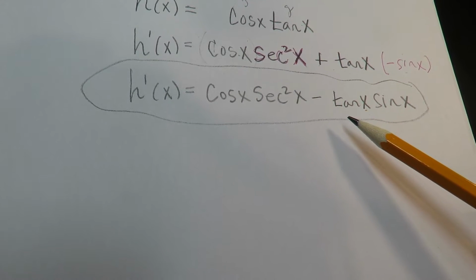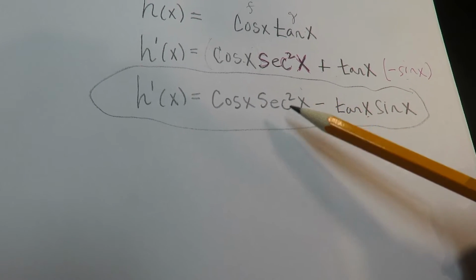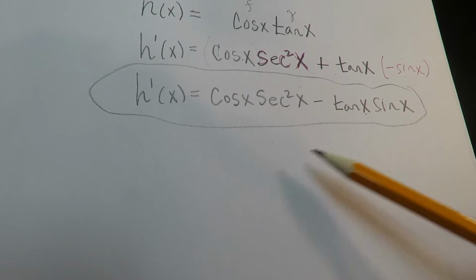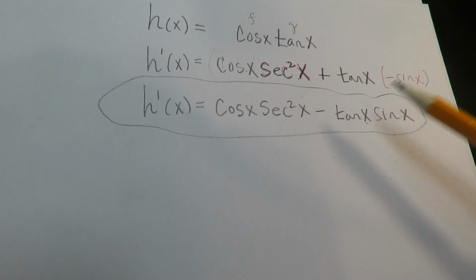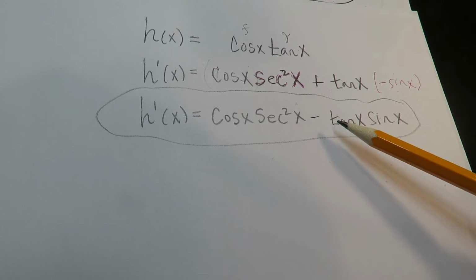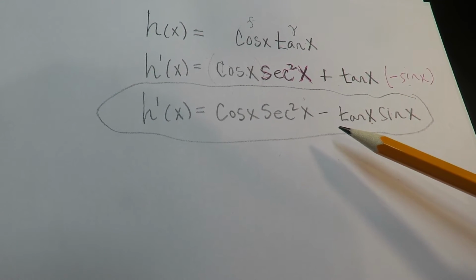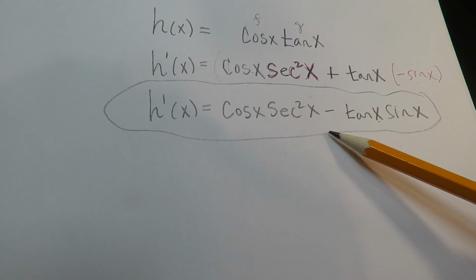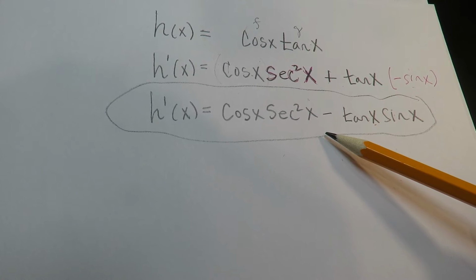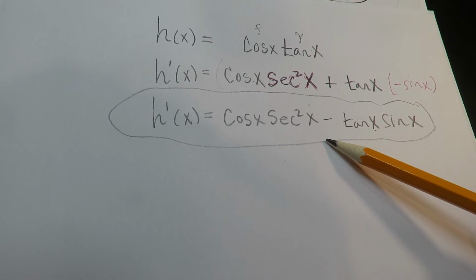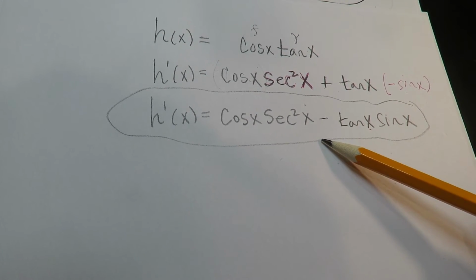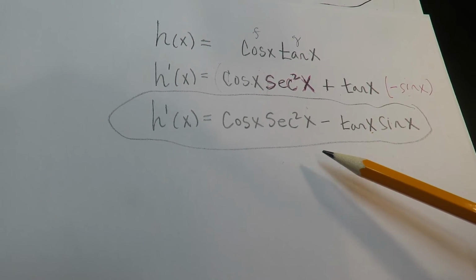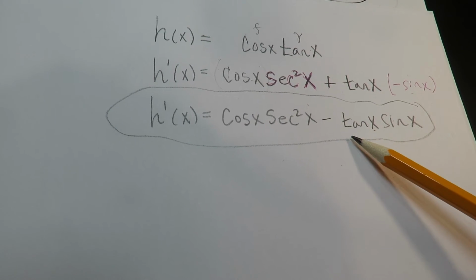Certainly, there's other formats to this answer. It could be 1 over cosine cubed minus sine squared over cosine, and then gotten an LCD and combined. If you love trig identities, there's a ton of places to go with these, right? But you're not required to do that on the exam. I just want you to be aware that it could be formatted differently in the back of the book, but you still have the right answer, because there's many ways that this answer could be submitted.